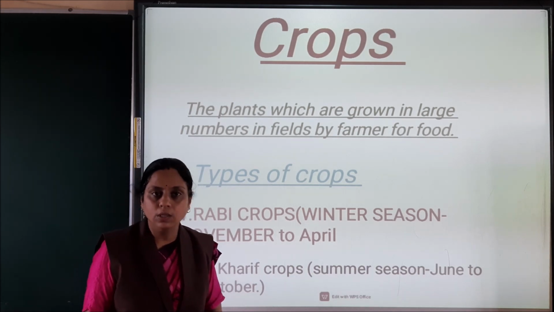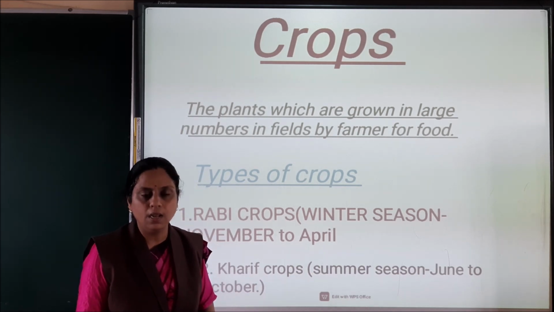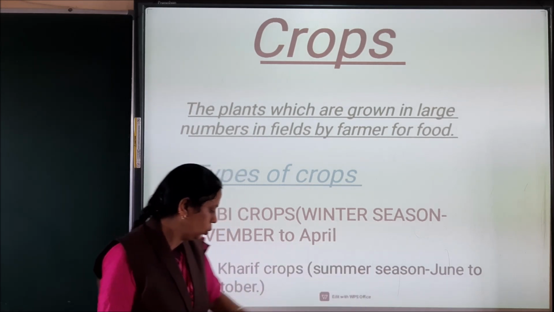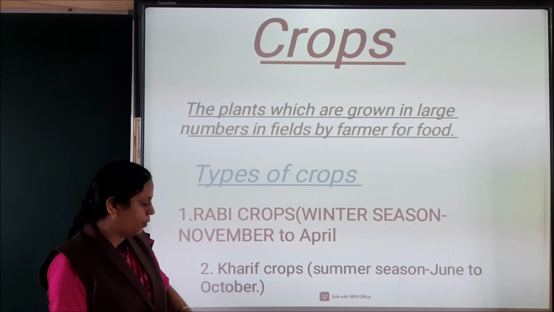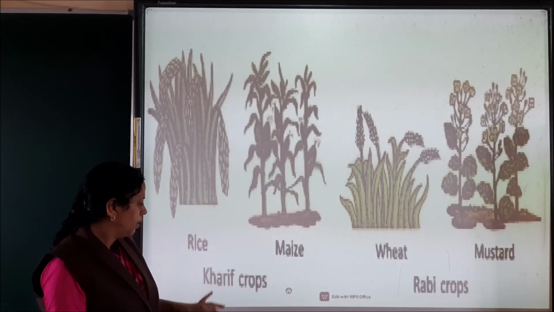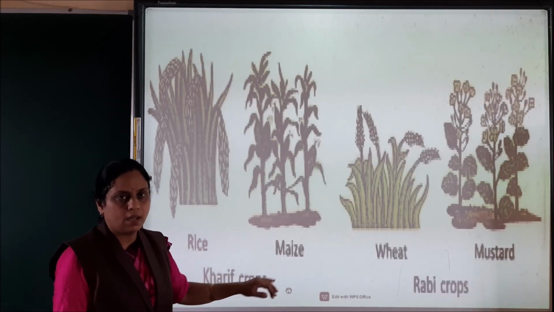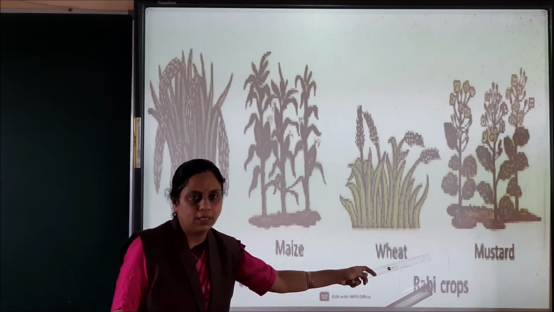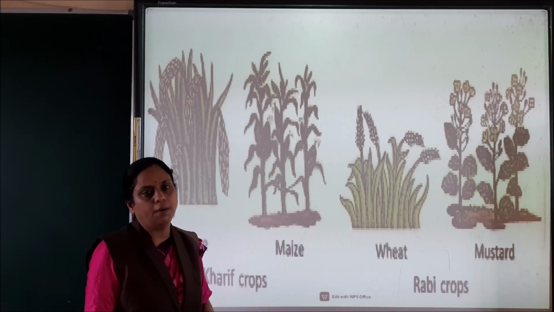Kharif crops are those crops which are grown in the summer season, from June to October. For example, rice, maize are the Kharif crops. Wheat, mustard, they are the Rabi crops.